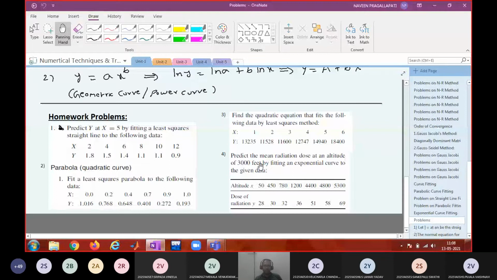Now note down the next problem. All of you note down the fourth problem. The second one you can take as homework. I will post it in the group. Okay, fine. Quadratic equation is second degree equation only.